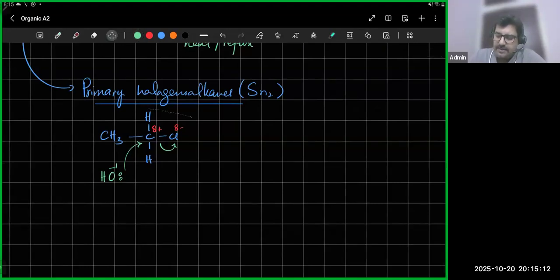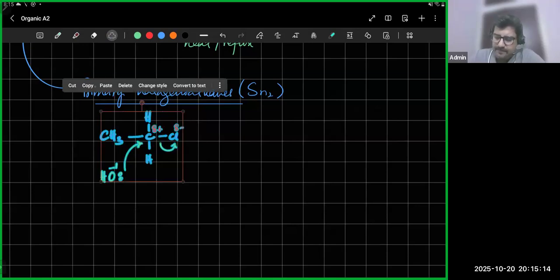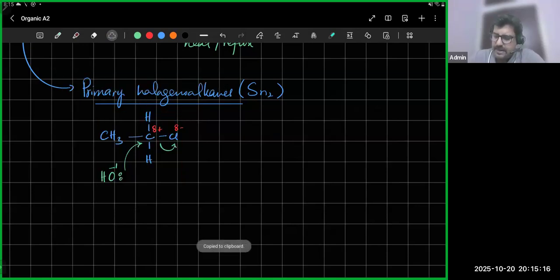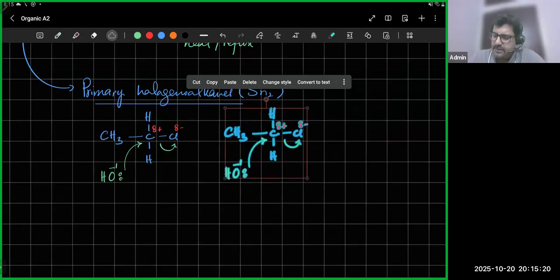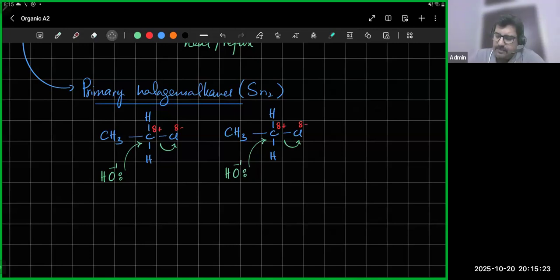So there's going to be a transition state. In that transition state, your molecule will be temporarily bonded; the C-Cl bond will be breaking, and the OH will be joining in.